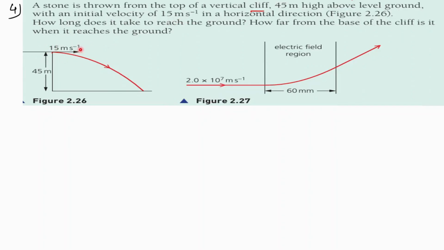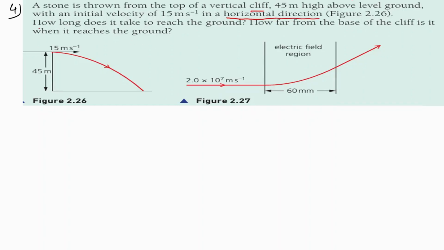It is mentioned that the initial velocity is 15 meters per second in a horizontal direction. So you have to be clear that the velocity here is in a horizontal direction.